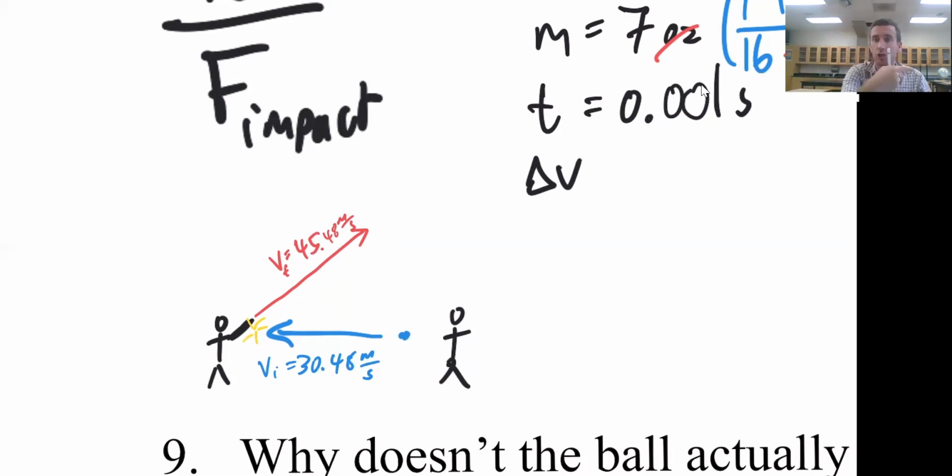So one's coming in and one's going out. Because they've changed direction, I have to make one of them negative, right? I can't have two things going opposite ways and say they're both positive. So I'm going to make my initial velocity negative. So this is going to be negative 30.48 meters per second. Okay.